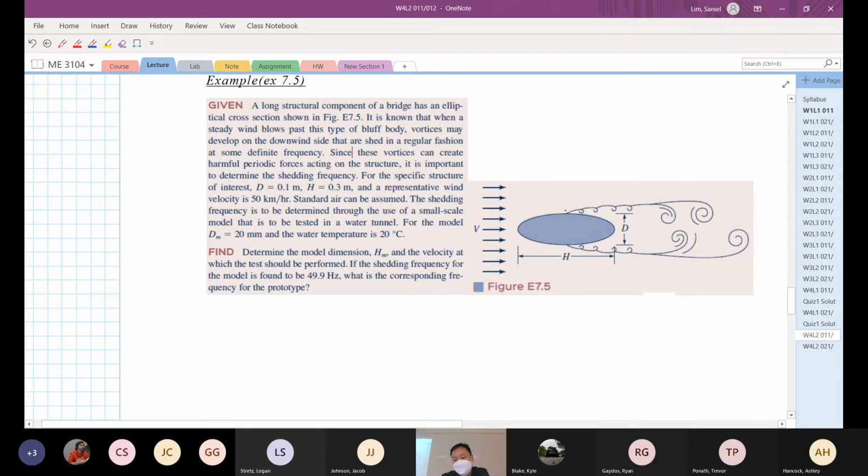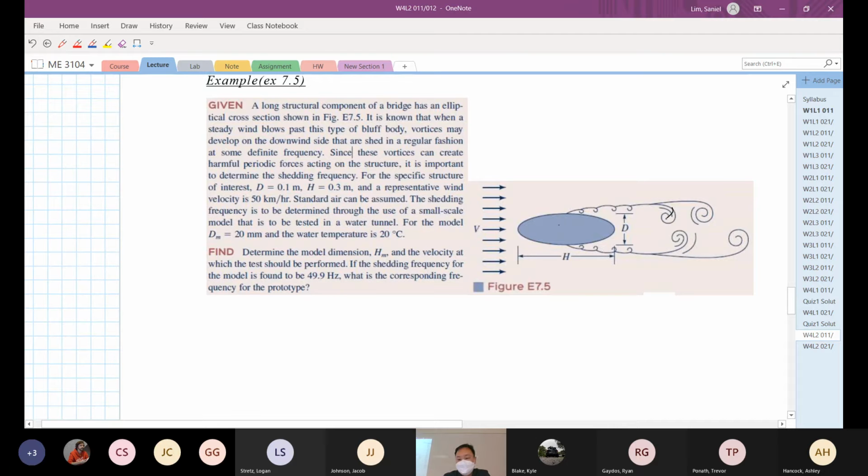You can think about a wind tunnel where an arm is attached to the side, then hanging in the middle of the wind tunnel. When you have an elliptical cross-sectional area here, the vortices shedding is shown after this object. Then we try to scale down in the lab to find the similarity between the model and the prototype before we build the real size of the bridge, right?